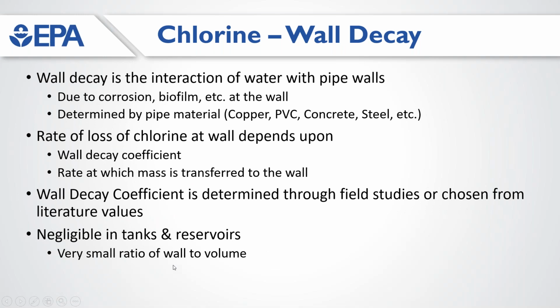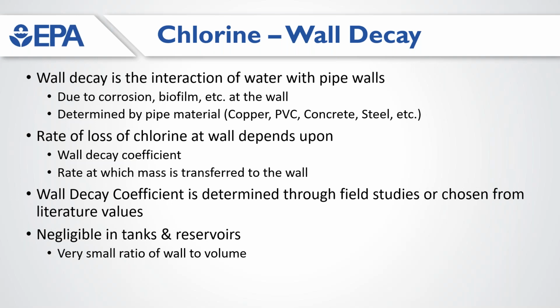Wall decay is more complicated because it happens on the wall and you can't see it. It's buried under the ground, and it's caused by corrosion and by biofilm reaction. It very likely depends on the pipe material and how old your pipe is. So this can be quite complicated, and it cannot be measured directly.